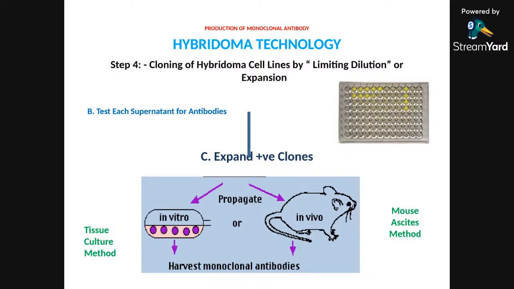Otherwise, we take it in vivo, in mice. Inside that, we produce and then take out the spleen cells and analyze with ELISA or flow cytometry.